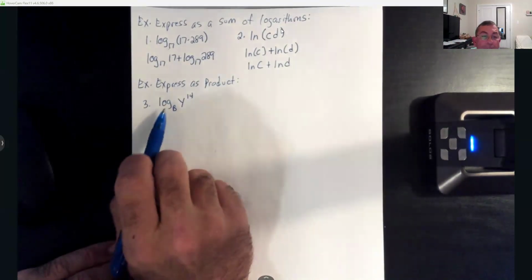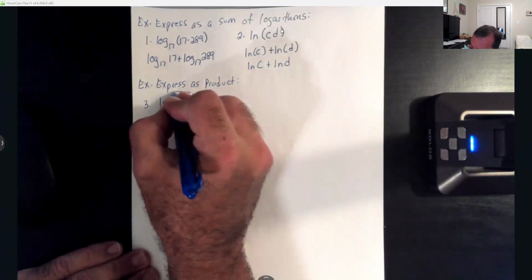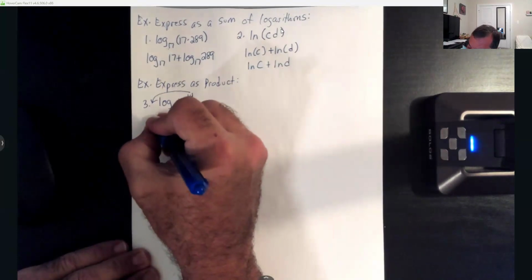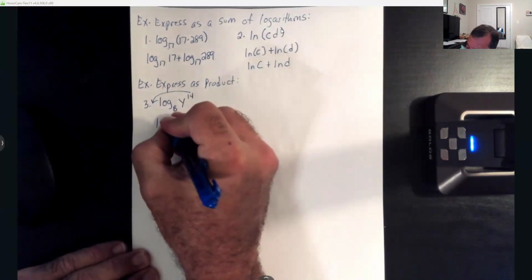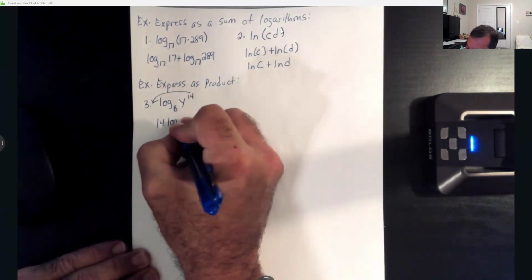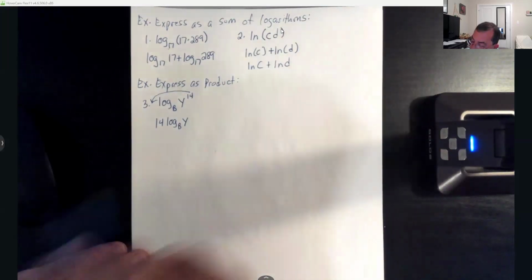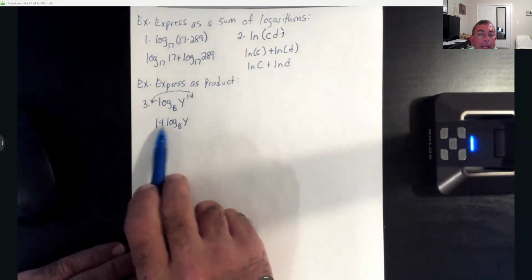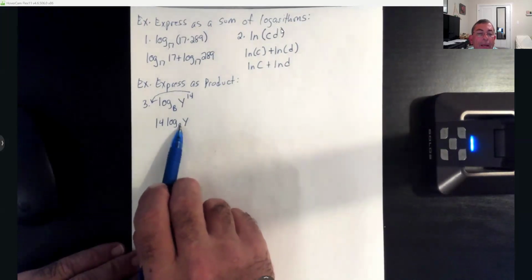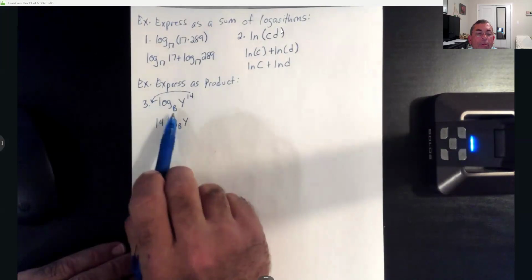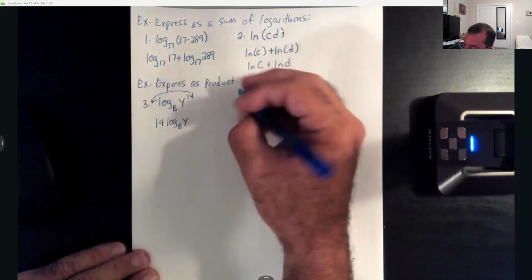Well, all the power rule said is that all I got to do is bring that 14 down to the front and write this as a 14 times log B of y. So now I got a product with a 14 being multiplied by the log B of y. So exponents we always bring down to the front of the log.